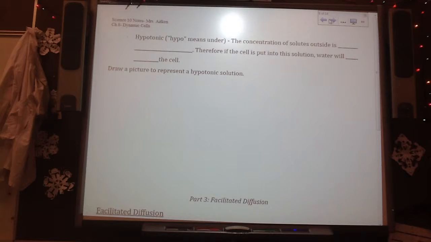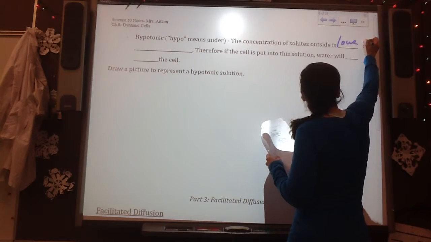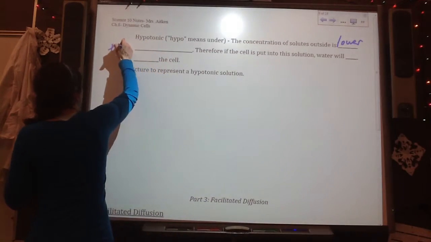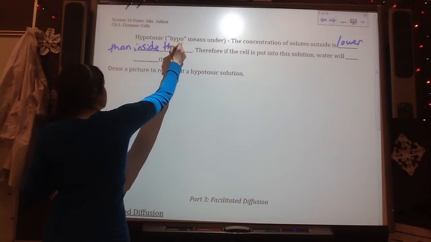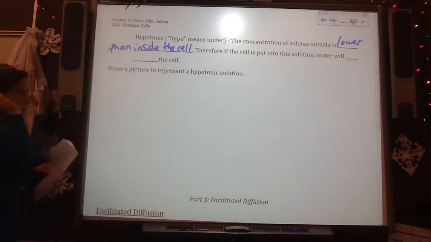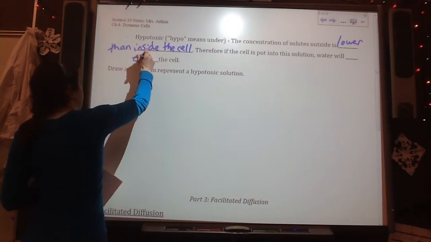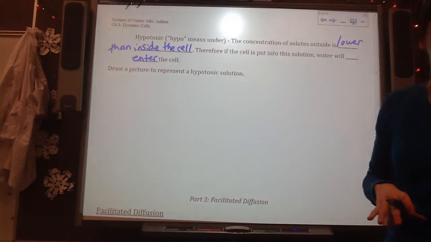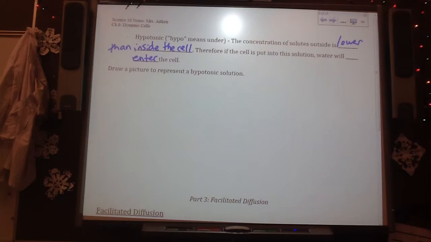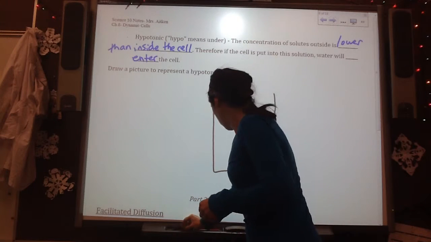The concentration of the solutes outside is lower than inside the cell. Therefore, if a cell is put into this solution, water will enter the cell. So again, let's draw a beaker with a cell.